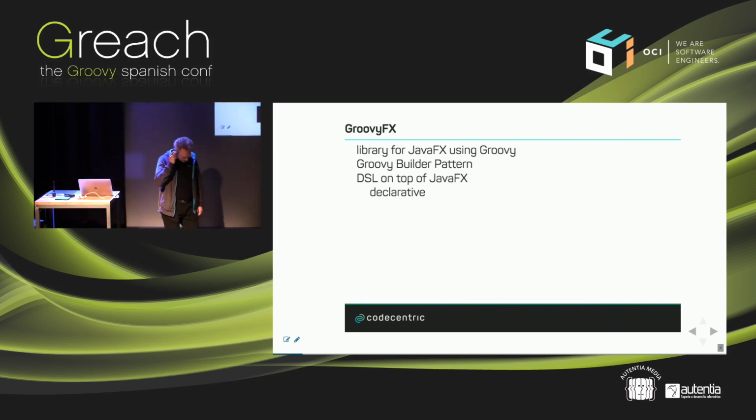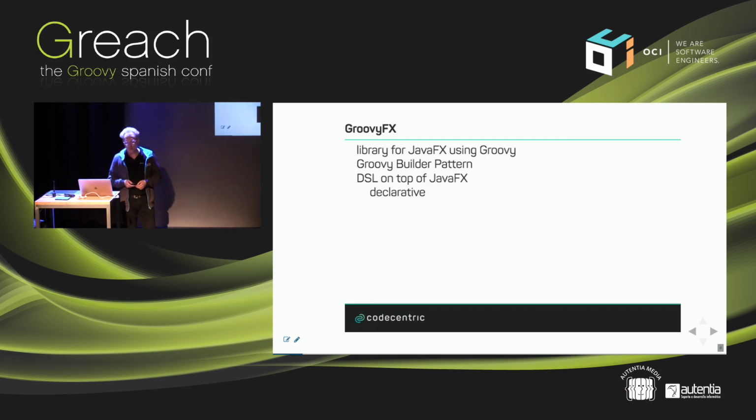When Oracle decided to release the new version of JavaFX, they said, okay, we want to make it a plain Java API. And I would say this had been a good decision after some kind of confusion with the JavaFX script for the older version of JavaFX. But this opened again ways for other languages like Groovy to simplify JavaFX in a way we are used to.